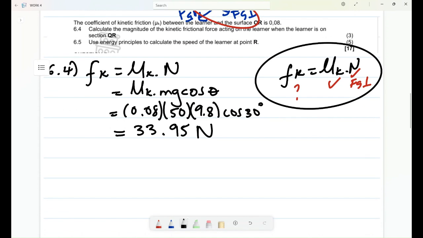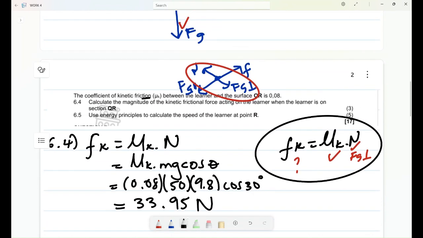Newtons. Remember they said calculate the magnitude. If they say calculate the magnitude, you do not need to include the direction or that it is acting upwards. So we'll just say 33.95. Let me just recalculate my value. It is very easy to make mistakes. Yes, 33.95 is the correct answer.